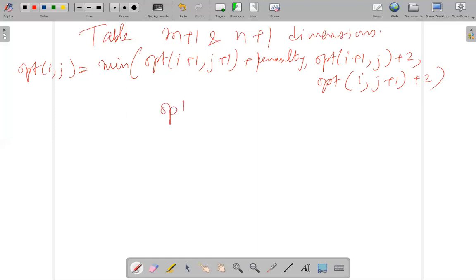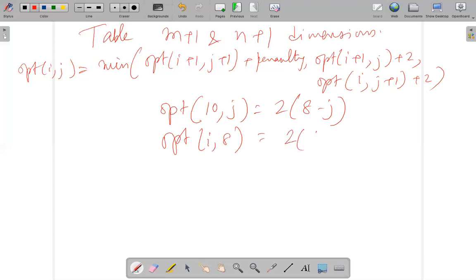And in this particular case, OPT 10 j is equal to 2 into 8 minus j, and OPT i 8 is equal to 2 into 10 minus i.